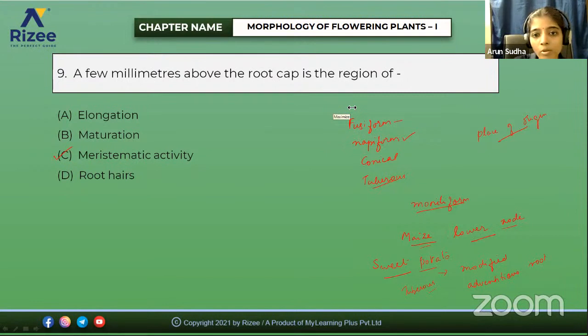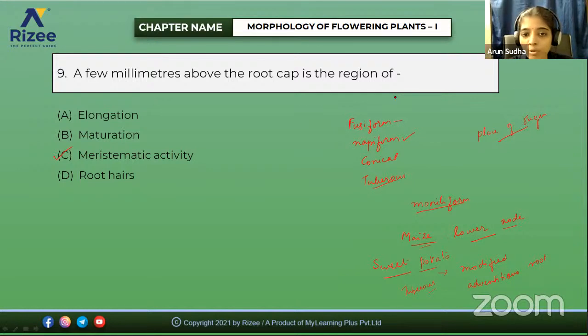Okay. So we saw about the different types of roots, that is taproot, fibrous root, and adventitious roots, and about the modified forms of these roots. What are the main functions of these roots? Apart from absorption of water and nutrients, they help in the storage of food, and also they give support to the plant.